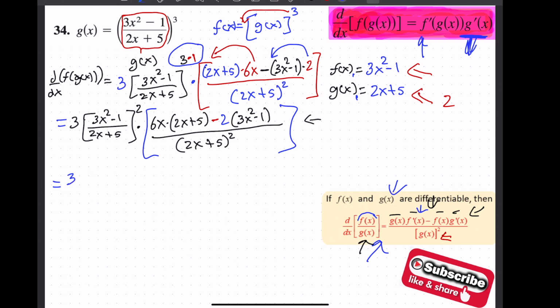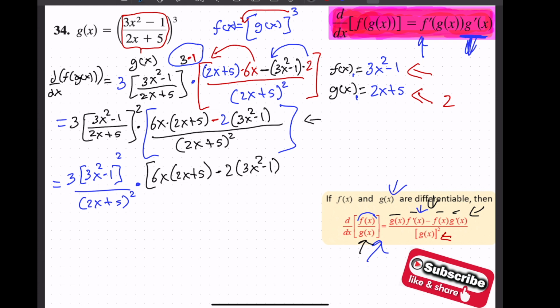As you can see, I can split this apart into 2 pieces: 3x squared minus 1 raised to the second power over 2x plus 5 raised to the second power, times, and then my square brackets, I can utilize that for the top portion of it. So I can have square brackets 6x times 2x plus 5 minus 2, 3x squared minus 1, all of it over 2x plus 5 squared.